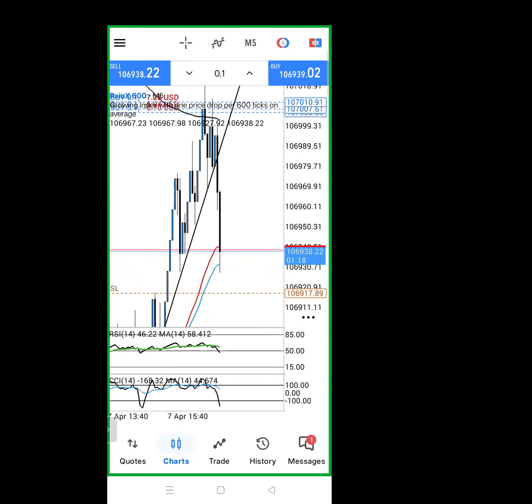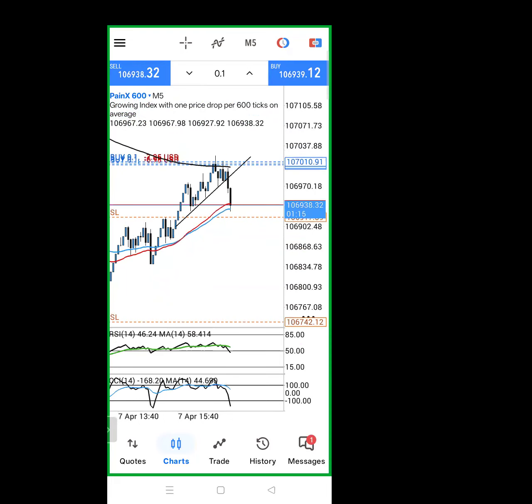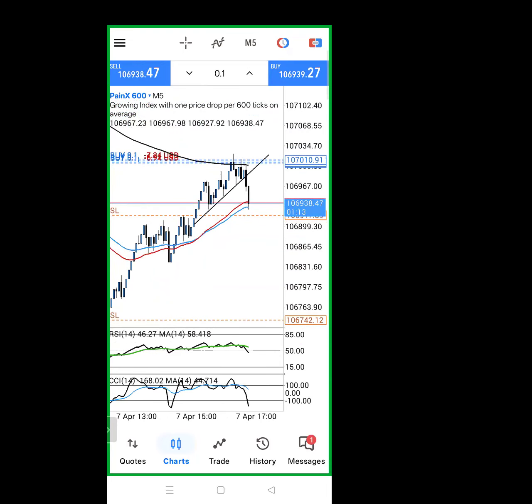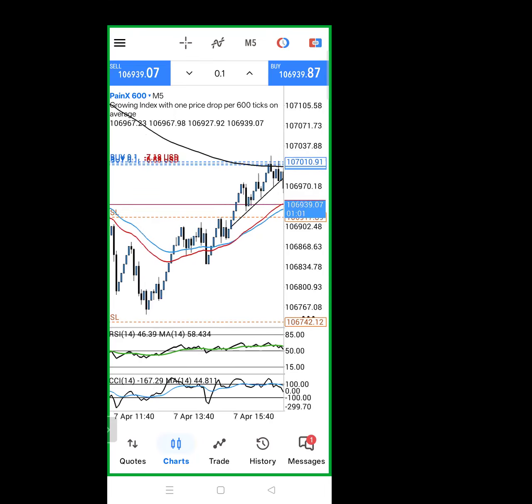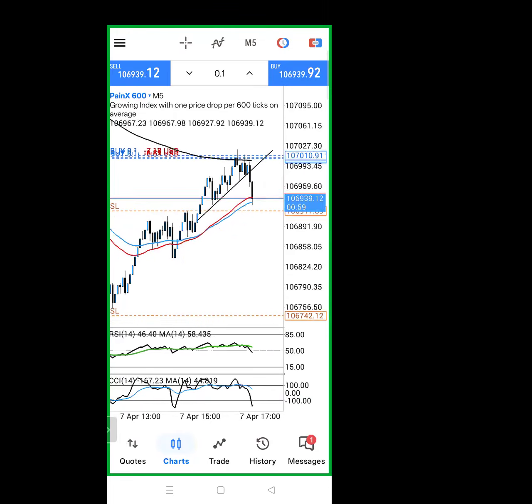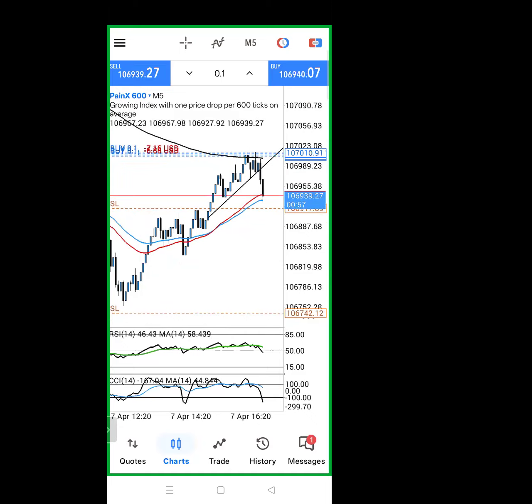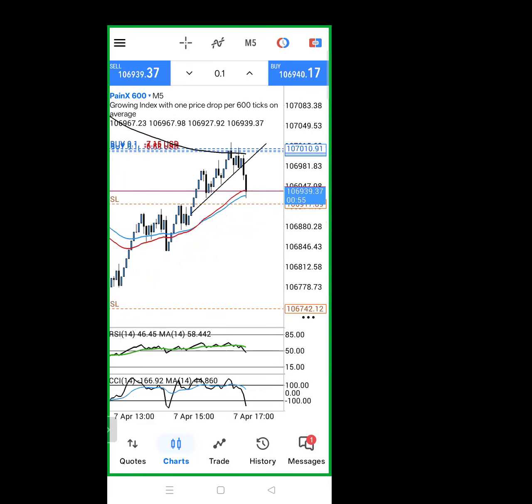But if you get entry from now, you see the separation of this moving average. This may decide to continue the upward move after these few spikes. It may also decide to spike and take us out before it continues. But the truth is that with this stop loss at the bottom, this market will continue.